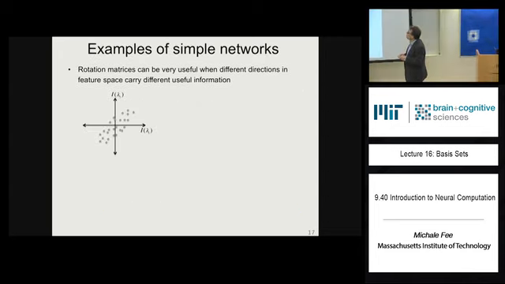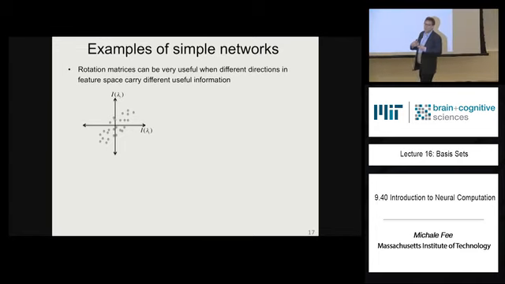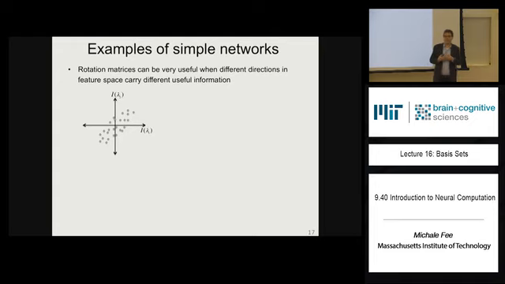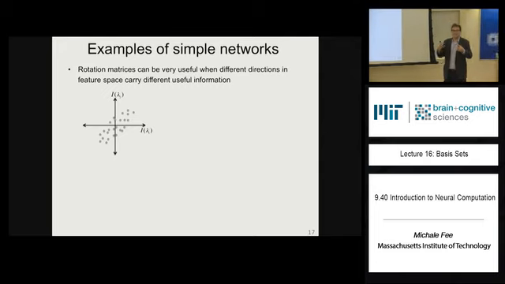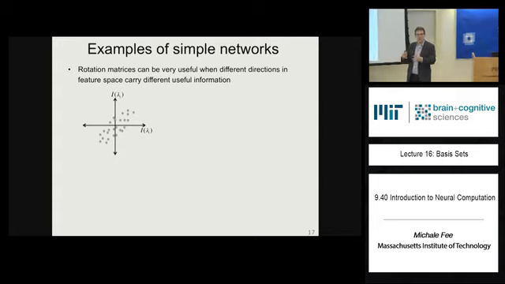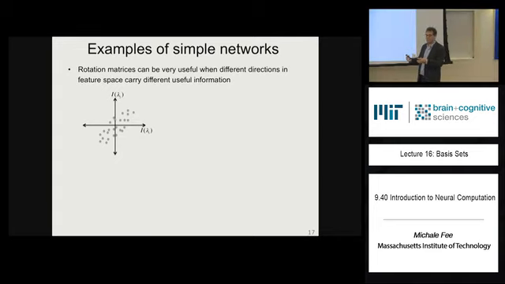So this is one way to think about what we do when we do color vision. Okay, so you know that we have different cones in our retina that are sensitive to different wavelengths. Most colors are combinations of those wavelengths.